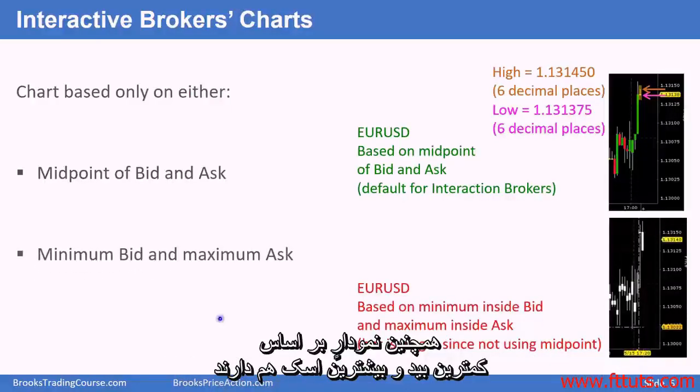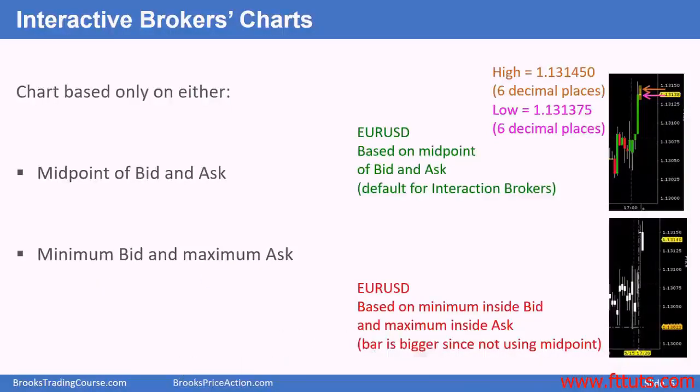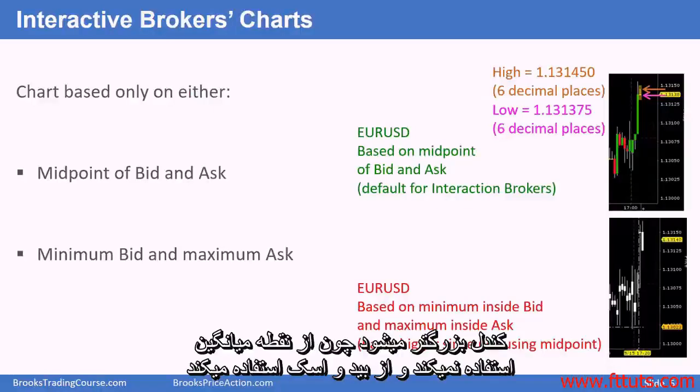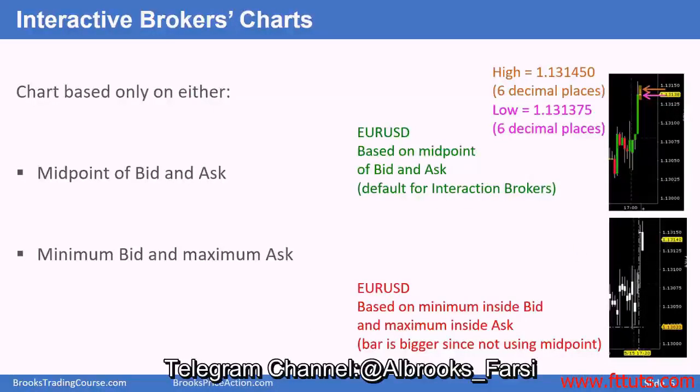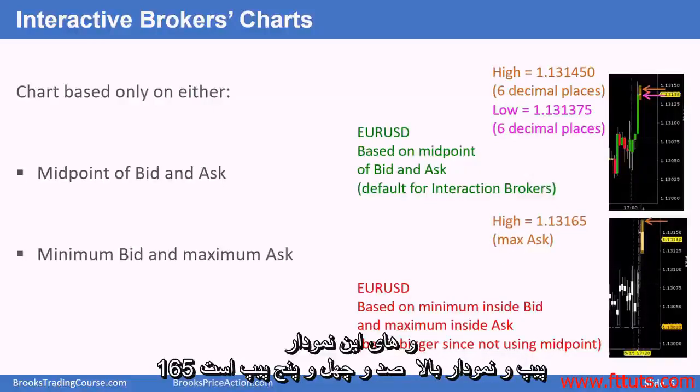And then they also create charts based upon the minimum bid and the maximum ask. The bar is bigger because it's not using a midpoint, it's using the bid and ask. And the high of this chart is here at 16.5 pips, and here's 14.5 pips.